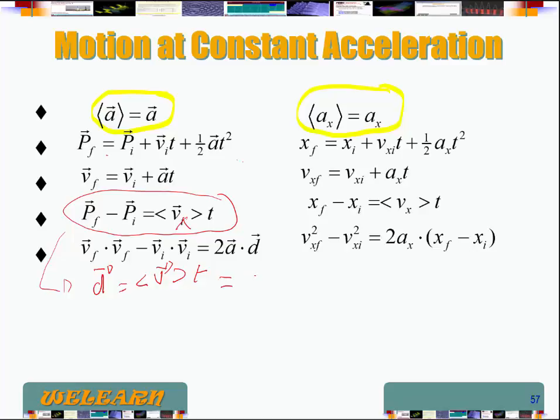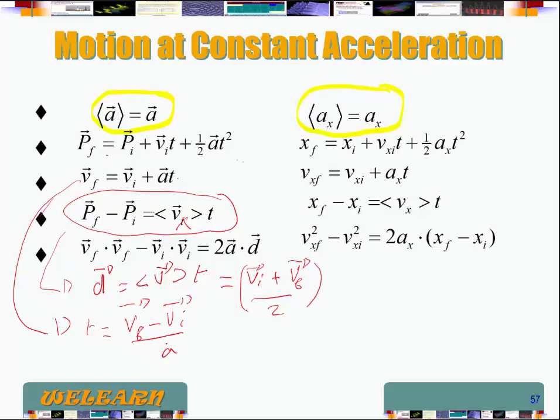Average velocity, if I have constant acceleration, would be (V_i plus V_f) over 2, and then time I'm going to find from this equation. So time is equal to V_f minus V_i over A. So I'm going to replace it here.